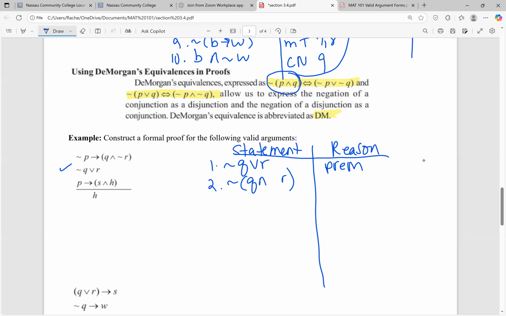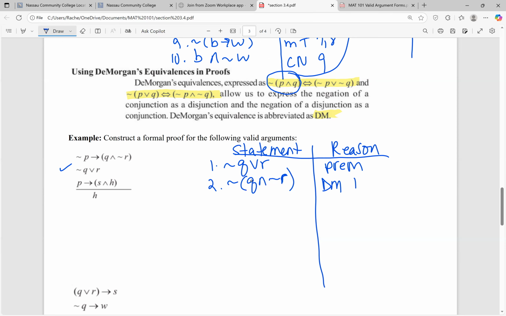Let me just write that again. So not (Q and not R) is equivalent to not Q or not not R, which is R. So these two are equivalent, right? These two statements. So the reason for the truth value behind statement 2 is De Morgan's equivalence. And that was on statement 1.